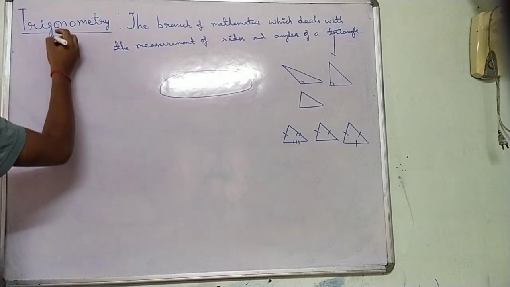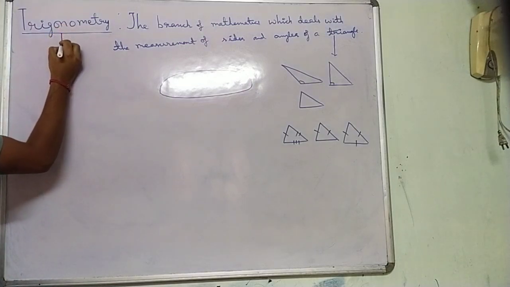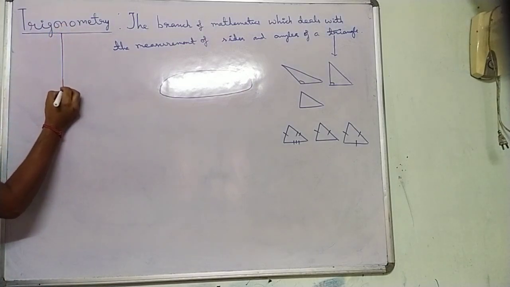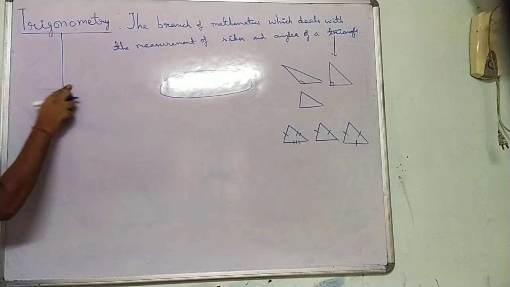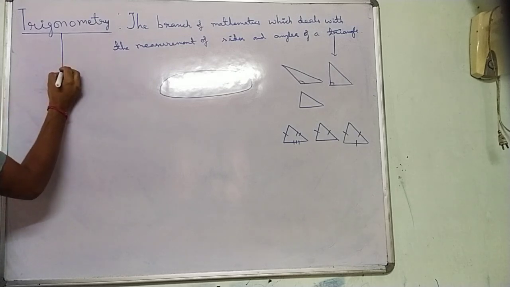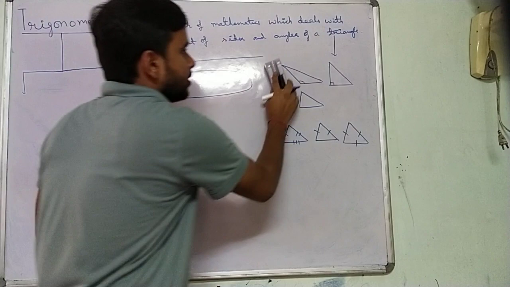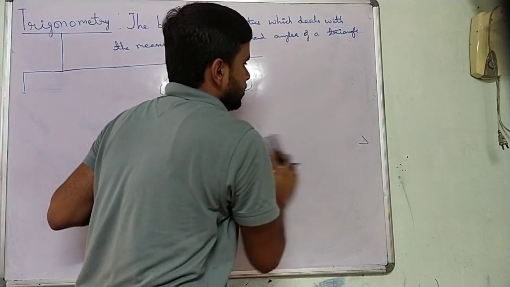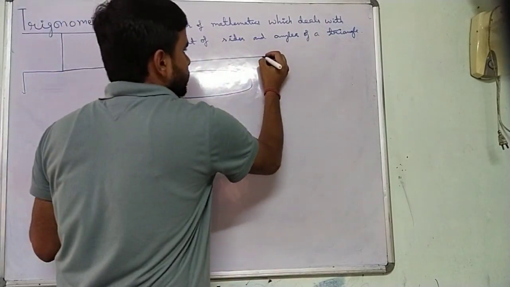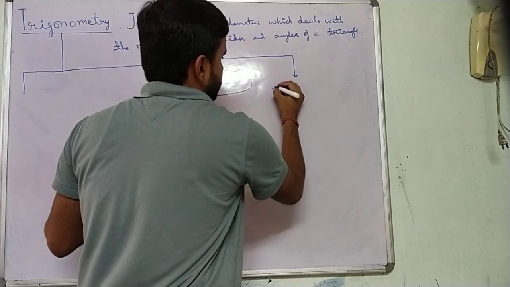Now if I break this word trigonometry, we find that it has been derived from the Greek words trigonon and metron.